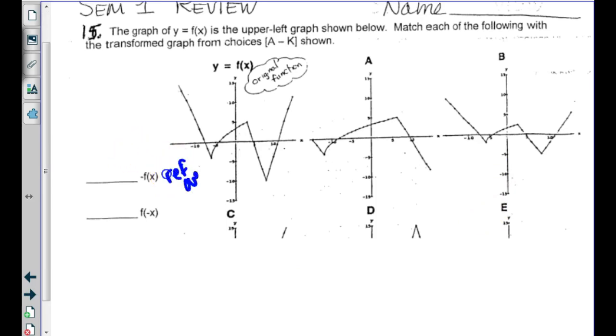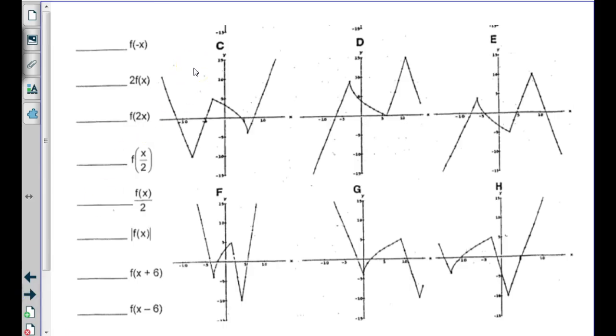Reflect over x, upside down. This one is reflect over y, which is left to right. This one is vertically stretch by 2, up this way twice as far. This is horizontal shrink by 1/2. It's going to go in this way.